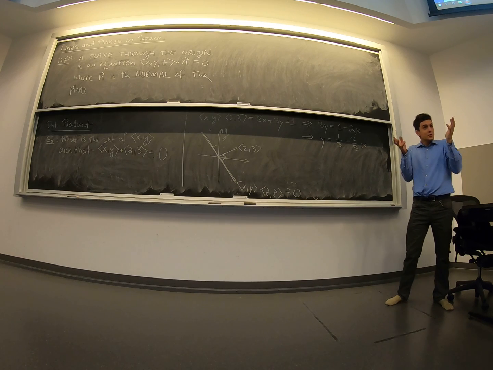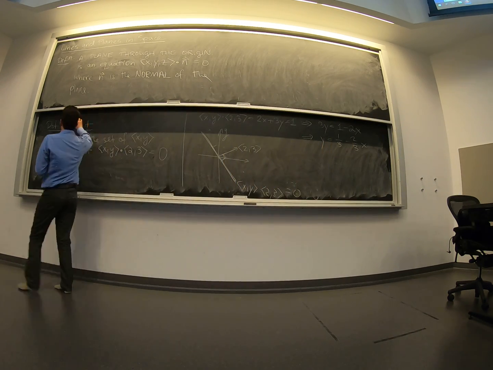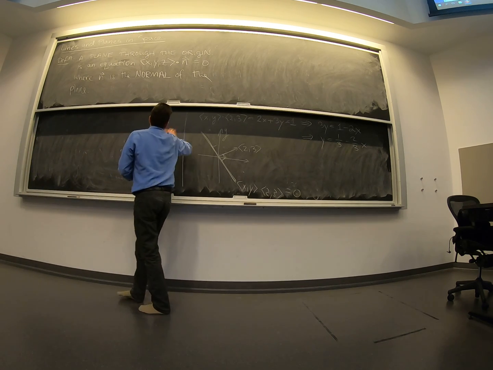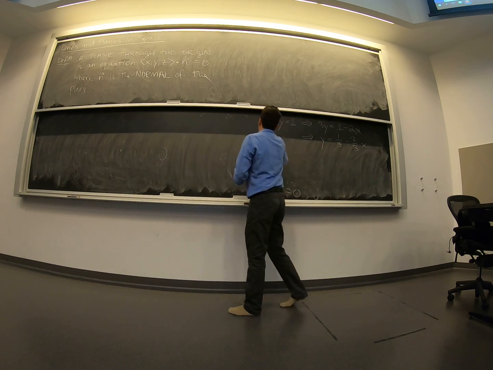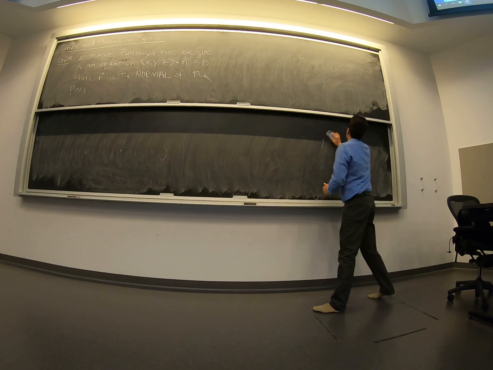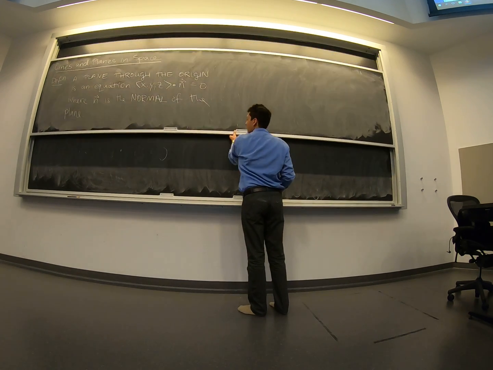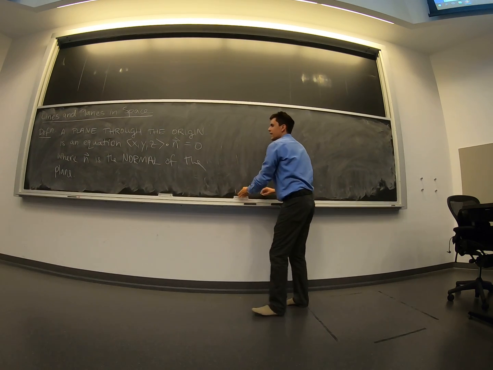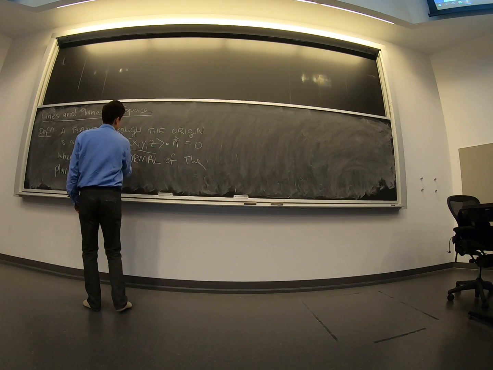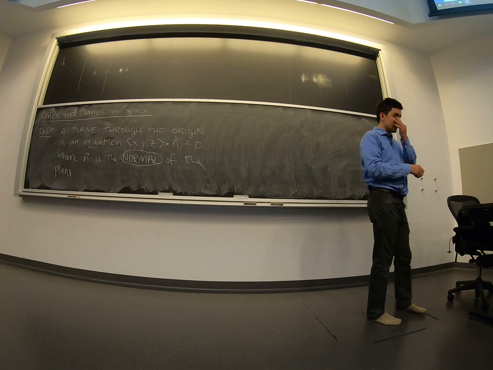Okay, but this is a weird geometric relationship. So this is a way of defining planes. Okay, and it's this idea that normal things should be at a 90-degree angle to the object under consideration.